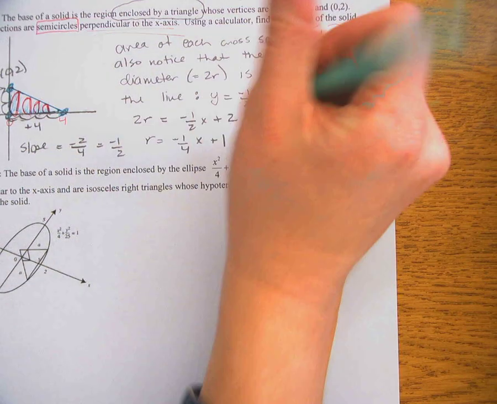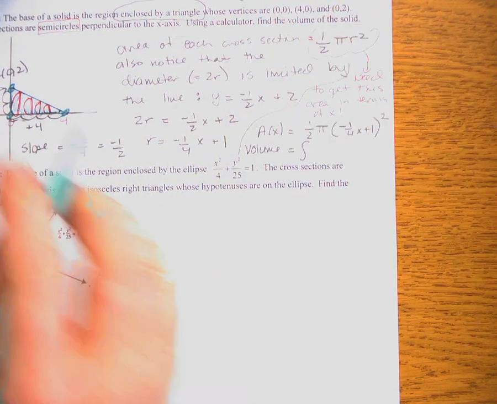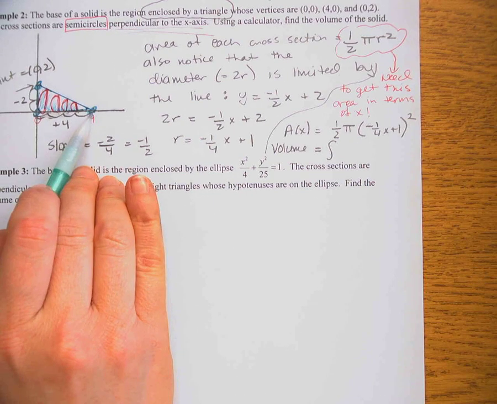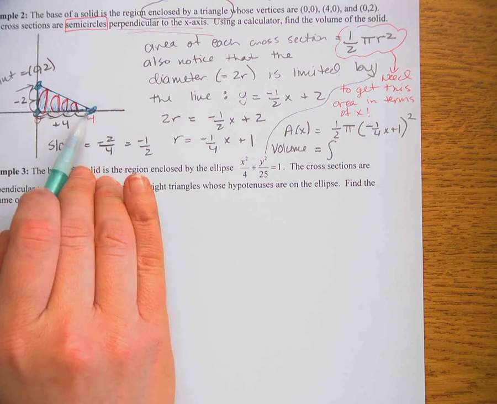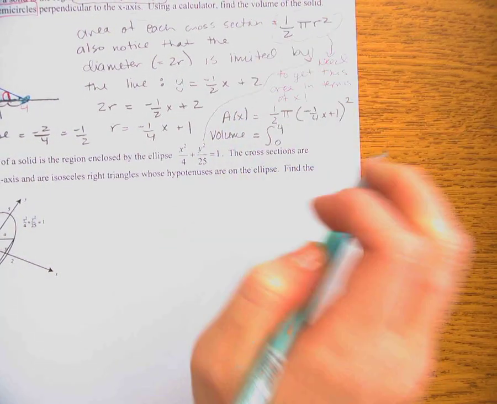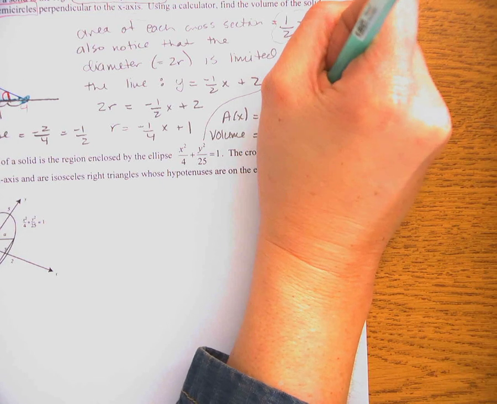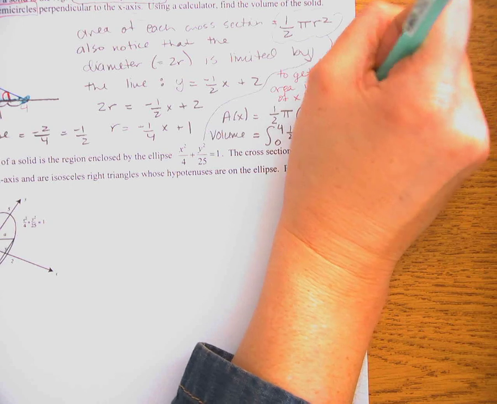And then the volume is going to be the integral from 0 to 4. So I'm accumulating from the beginning of the shape to the end of the shape, from 0 to 4, the sum of all of those areas, the 1/2 pi times negative 1/4 x plus 1 quantity squared dx.